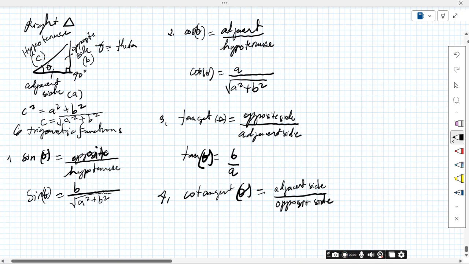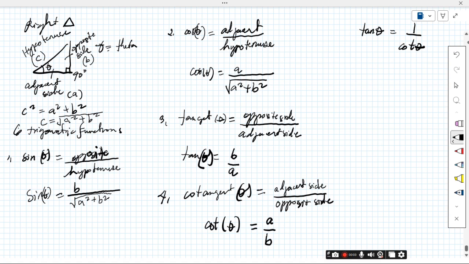Our cotangent, we abbreviate as cot. So the cotangent of theta is A over B. And effectively, we can say that tangent theta is the reciprocal of cotangent theta.